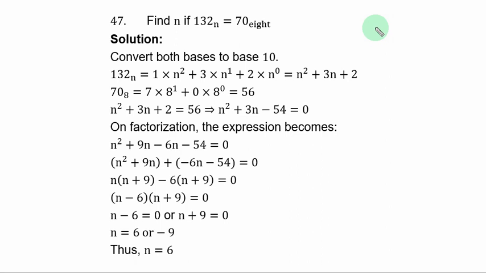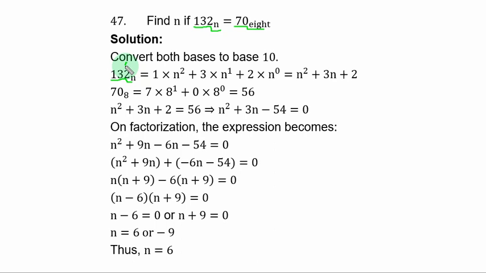Example 47. Find n if 132 base n is equal to 70 base 8. Here you convert both bases to base 10. The first number is 132 base n.